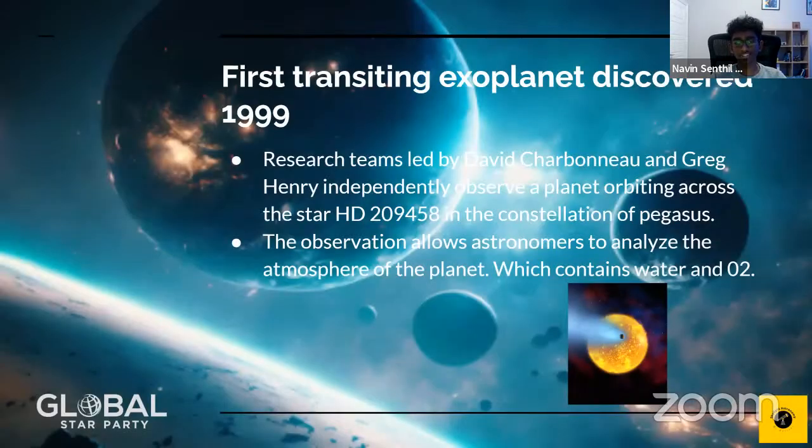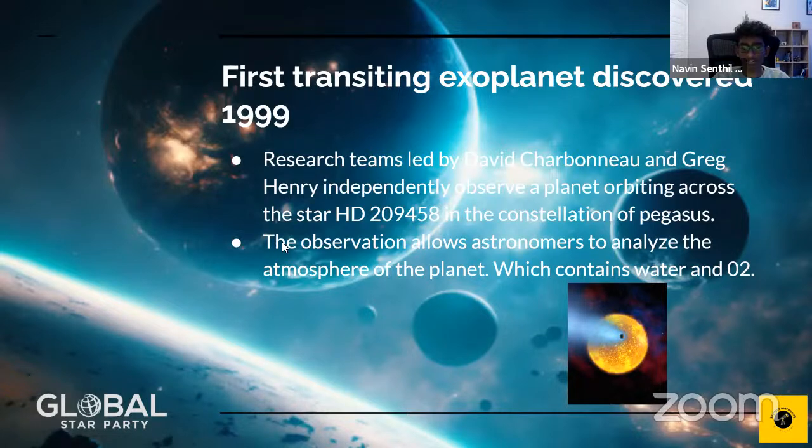Our next event is the first transiting exoplanet discovered using the transit method, in 1999. Two research teams led by David Charbonneau and Greg Henry independently observed a planet crossing in front of the star HD 209458 in the constellation of Pegasus.